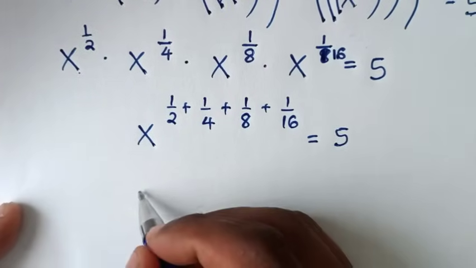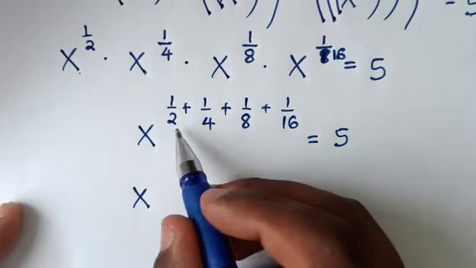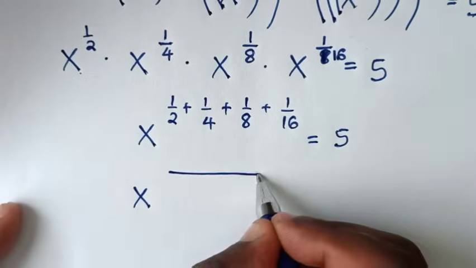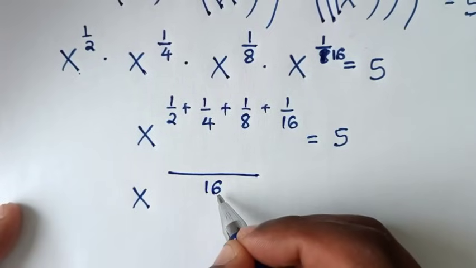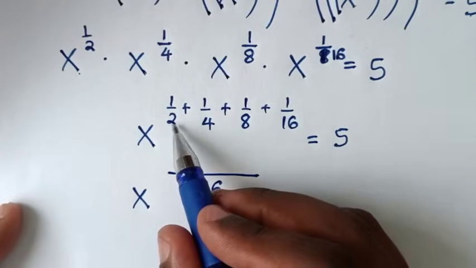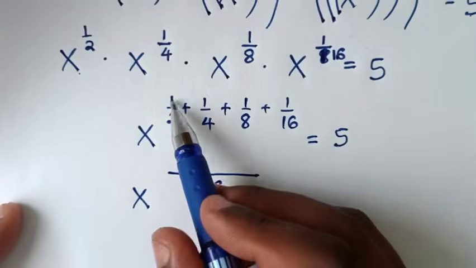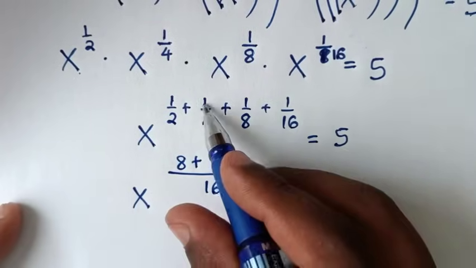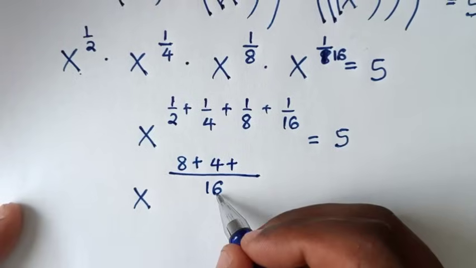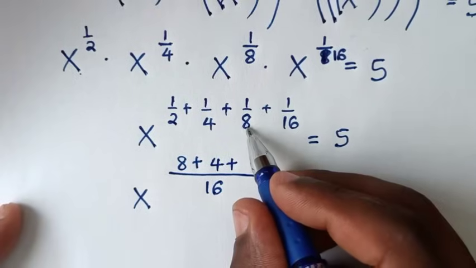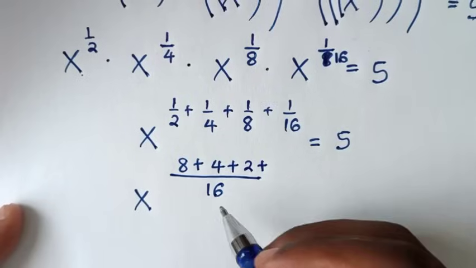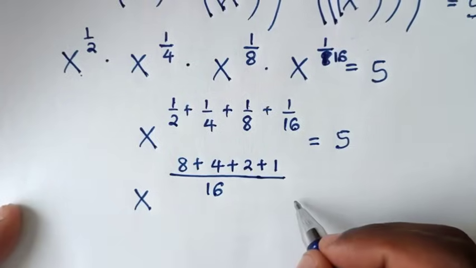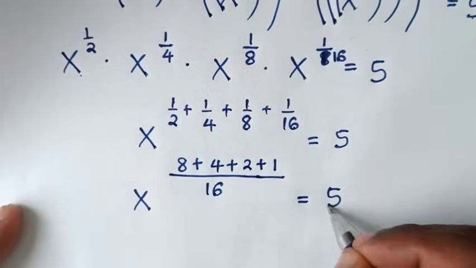Then in the next step it will be x, here the LCM of 2, 4, 8 and 16 is 16, so here it will be over here 16. 16 divided by 2 is 8, 8 times 1 is 8, plus 16 divided by 4 is 4, 4 times 1 is 4, plus 16 divided by 8 is 2, 2 times 1 is 2, plus 16 divided by 16 is 1, 1 times 1 is 1, then is equal to this 5.